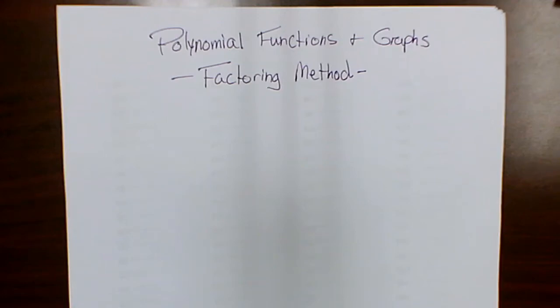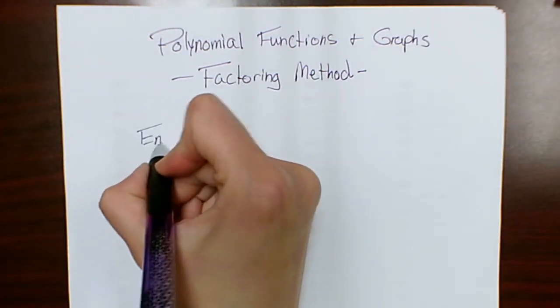We will now look at polynomial functions and their graphs by using the factoring method. Before we move to the factoring method, we are going to talk about the end behavior of graphs.